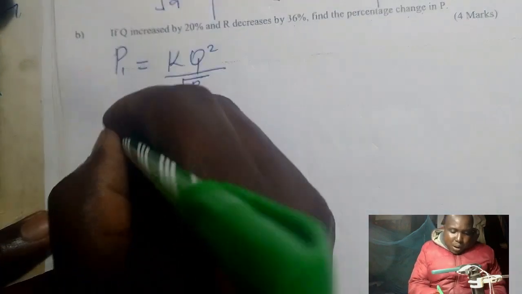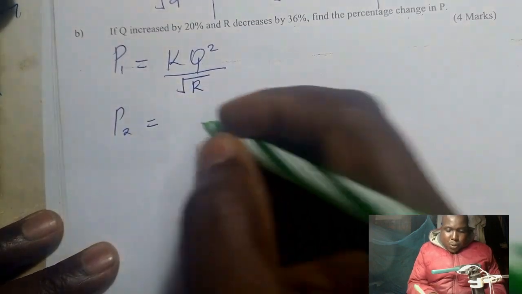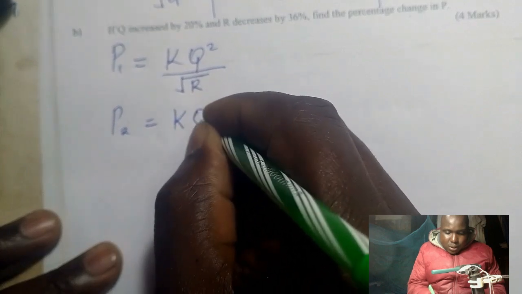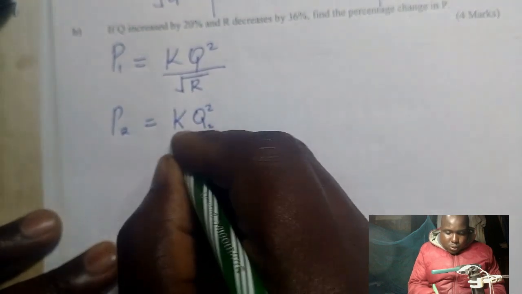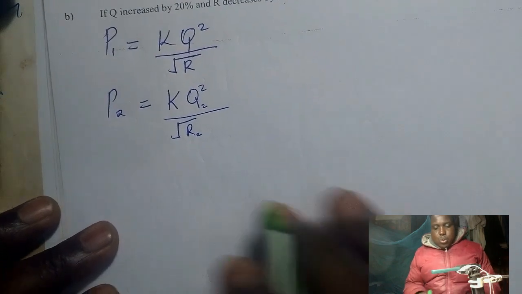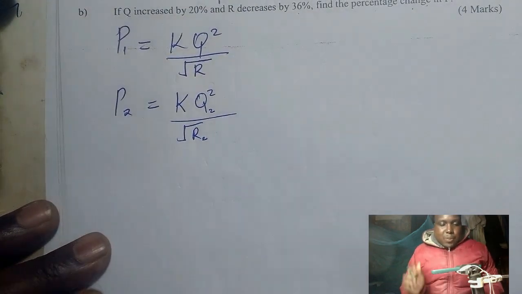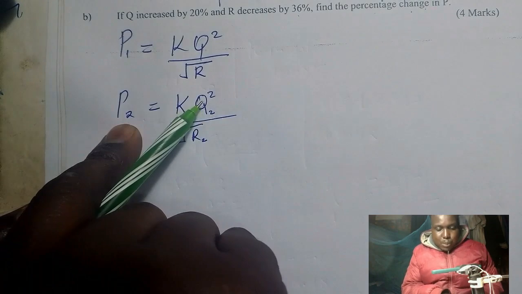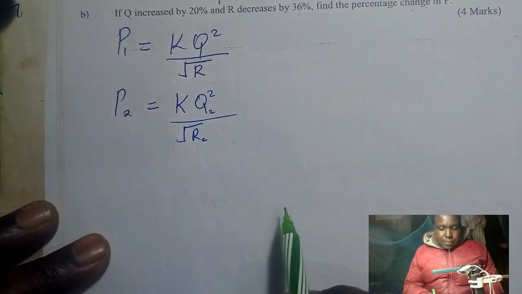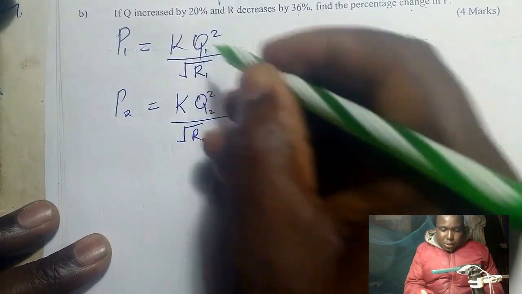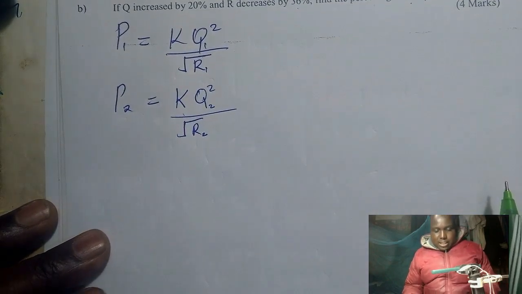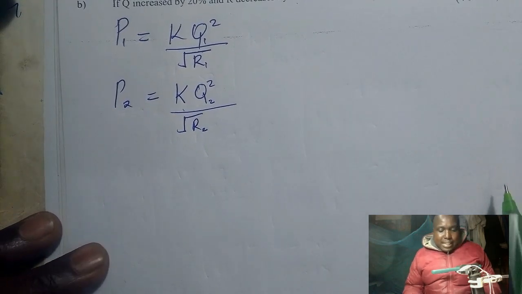Then we will have our P2, which is going to be K Q2 squared over the square root of R2. This one is the second, after increase. Before increase is P1, right? You can even put 1 here to indicate this is 1, because the constant doesn't change.